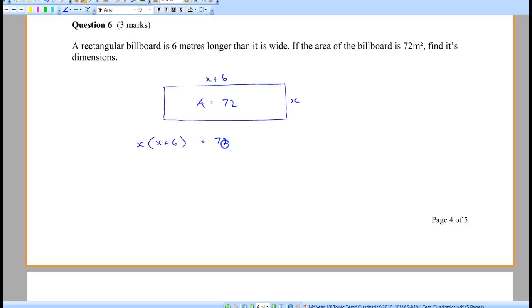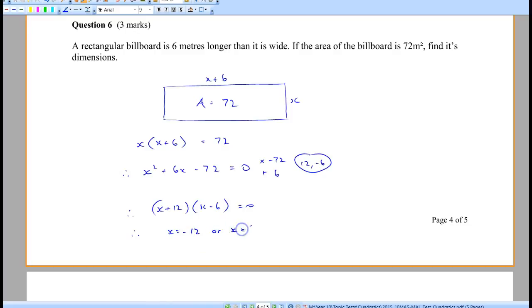So now, before I know it, I've got myself a quadratic. I'll bring that 72 across this side. It's minus 72. I've got a quadratic equation with equals 0 here. I'm now looking for two numbers that multiply to minus 72 and add to 6. And those two numbers are 12 and minus 6. So I just solve this as x plus 12, x minus 6, and therefore x is equal to minus 12, or x is equal to 6.